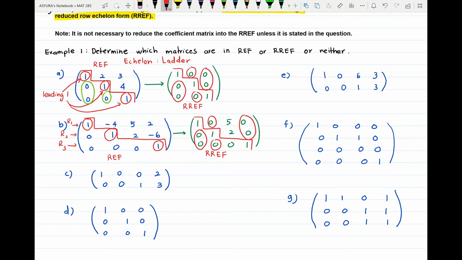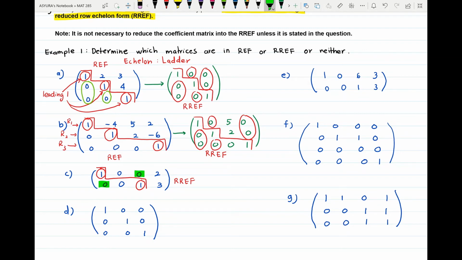Next, C. We have the ladder: the first leading one in row 1 and the second leading one in row 2. This one is in the form of RREF, since below and above the leading one is 0.